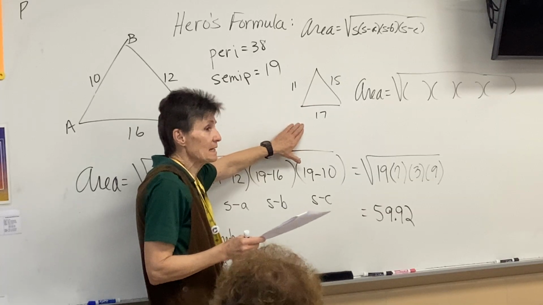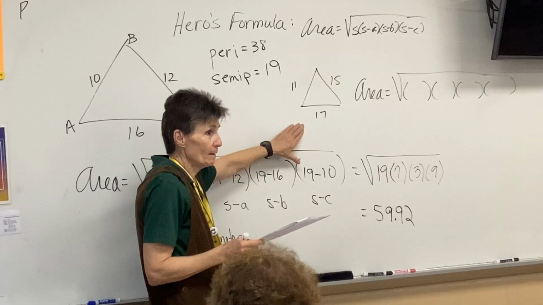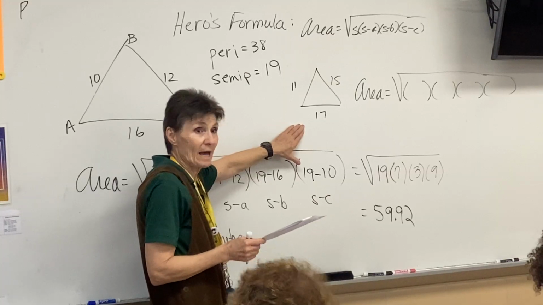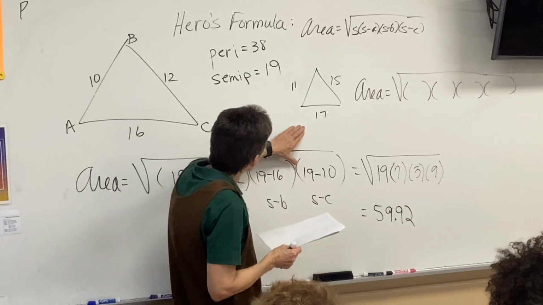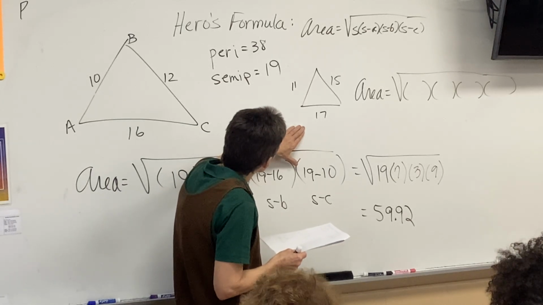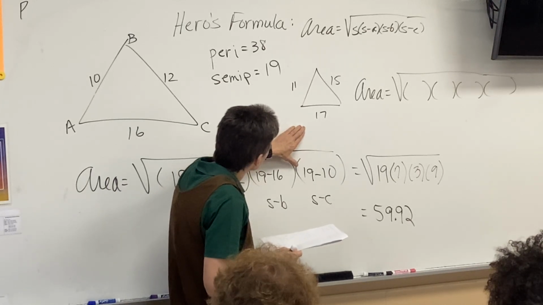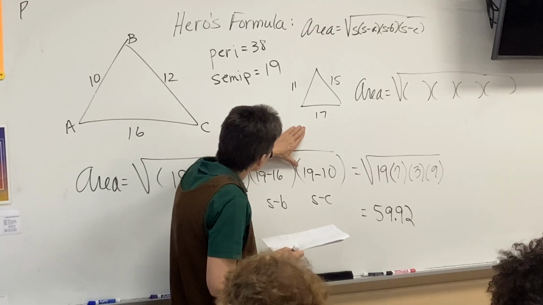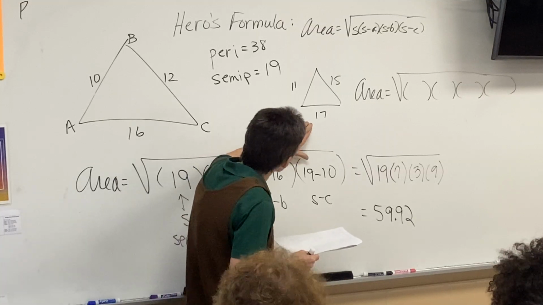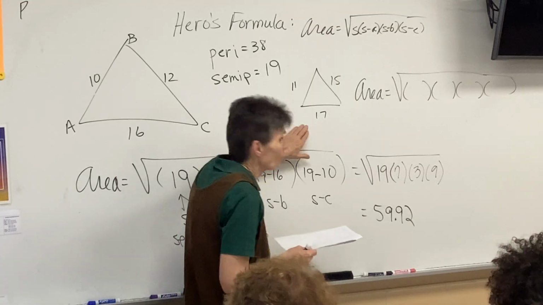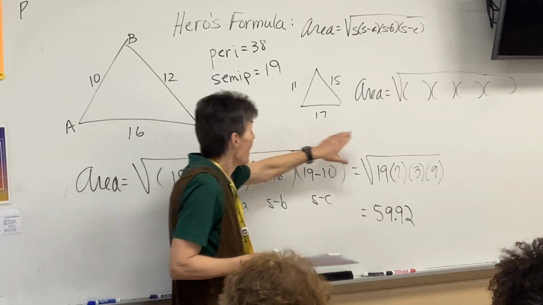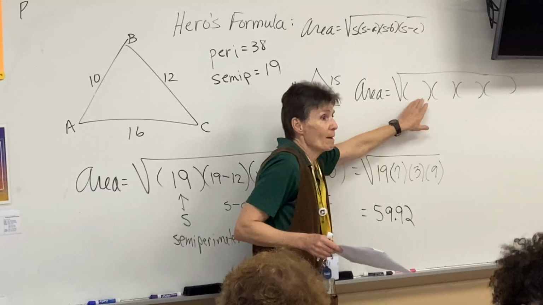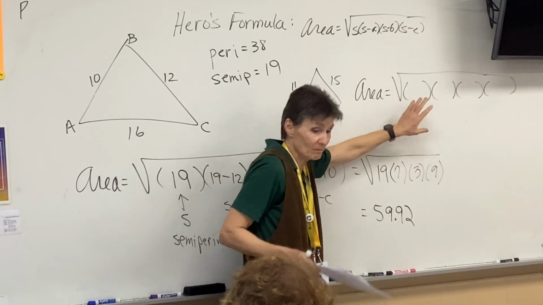If we're doing Hero's formula, the first thing we have to do is find our perimeter. So what's our perimeter? I believe it's 43. Remember, this is half the perimeter.